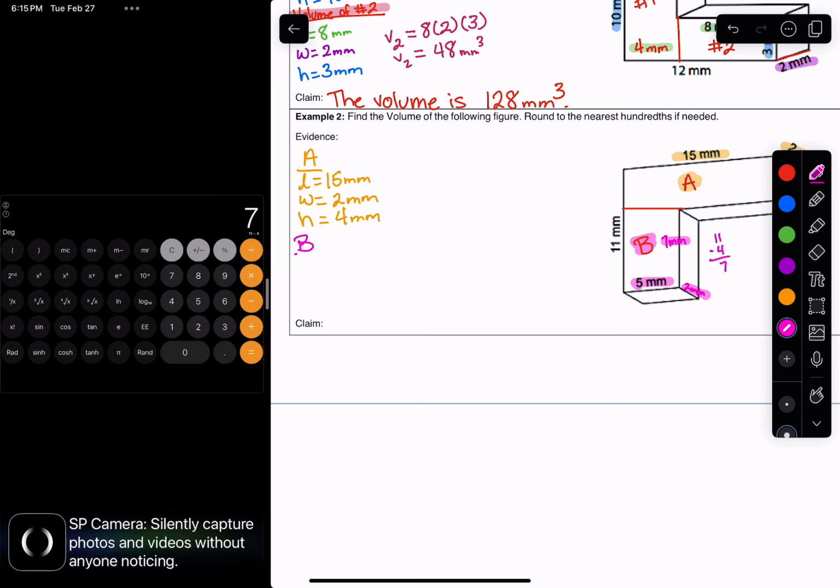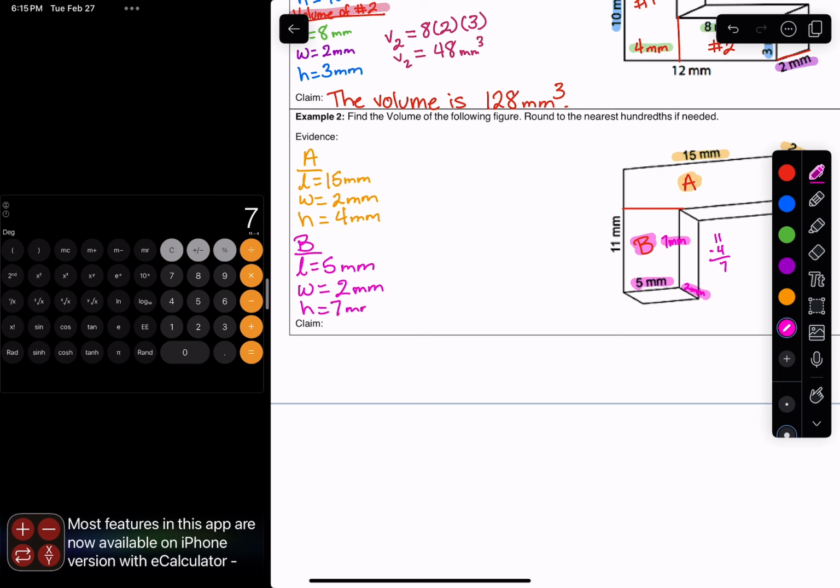And then for B, my length is 5 millimeters. Width is 2 millimeters. And height is 7 millimeters. In the end, again, we're going to do volume of A plus volume of B is going to equal the volume of the whole thing.